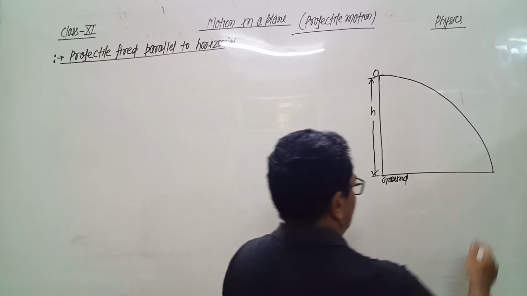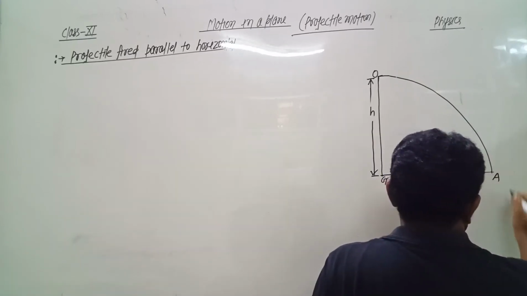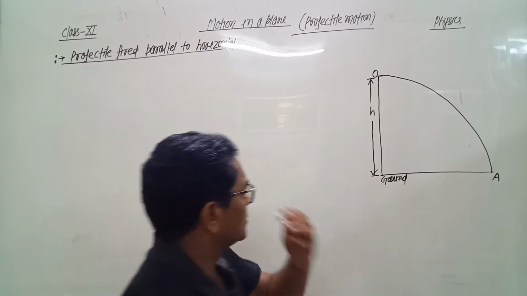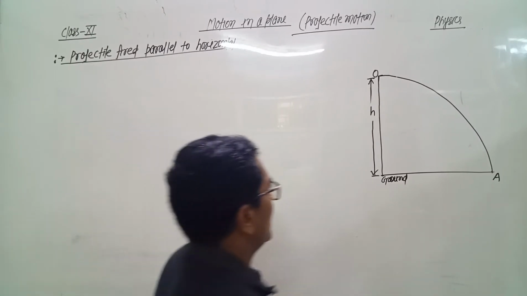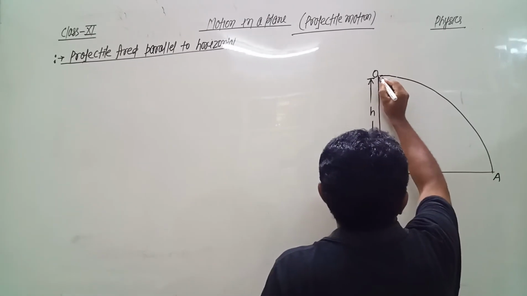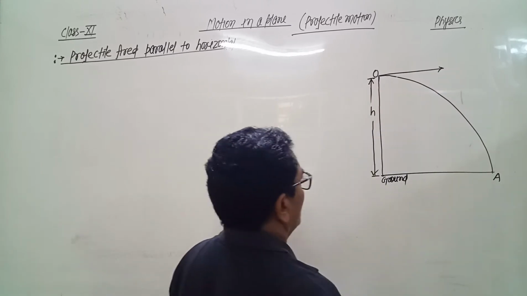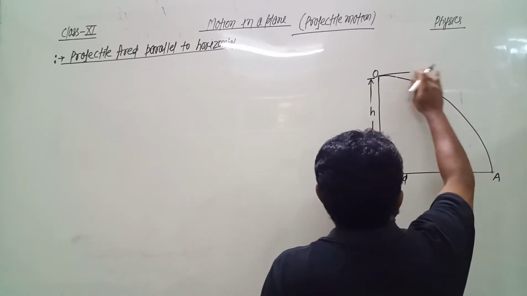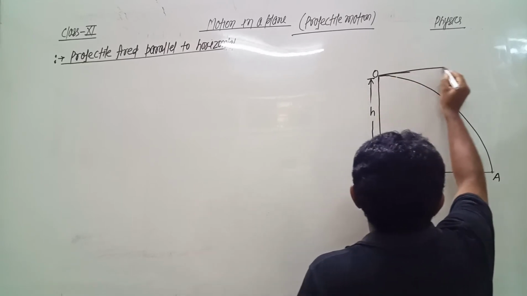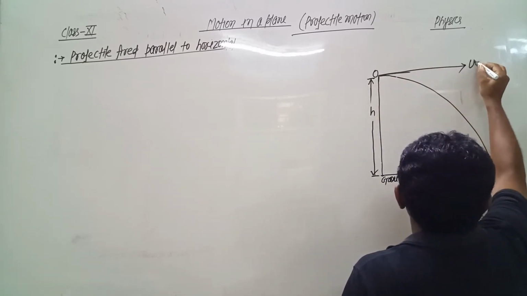Let this point be A, also situated on the ground, and the body is projected horizontal to the ground with velocity u.